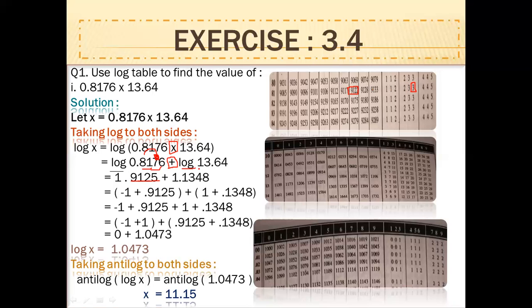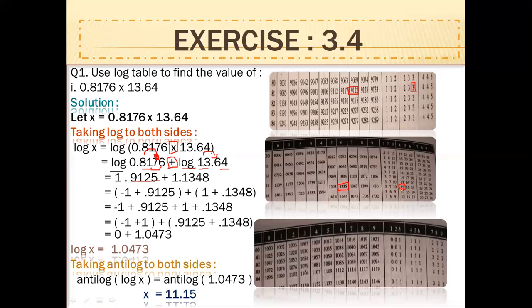Now come to the next number, 13.64. Again we check 13 in the column of 6: 0, 1, 2, 3, 4, 5 and 6. Here is 1335. Now in the difference column there is 4. You see students, double rows are written there, the first row and the second row.